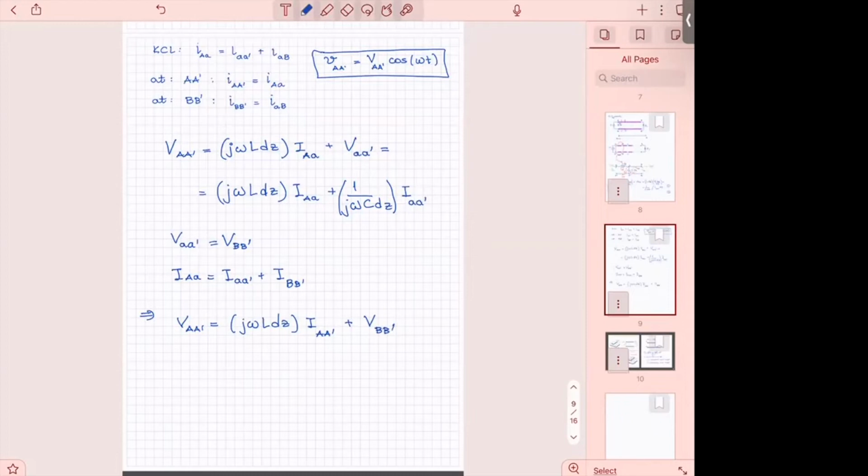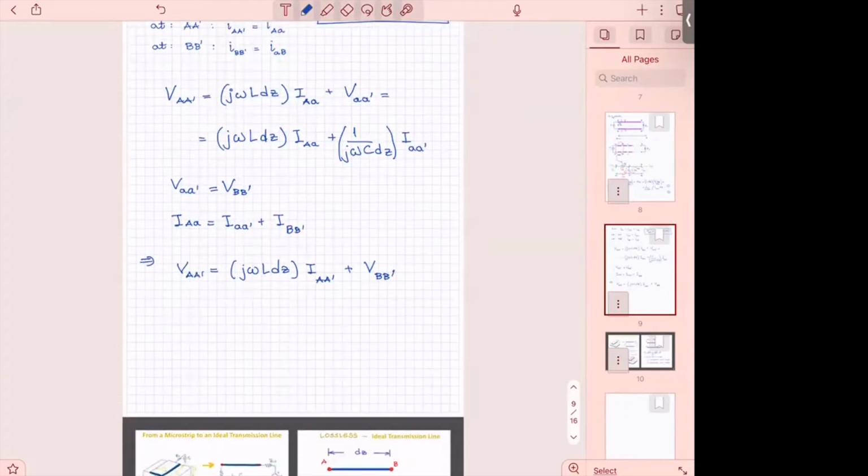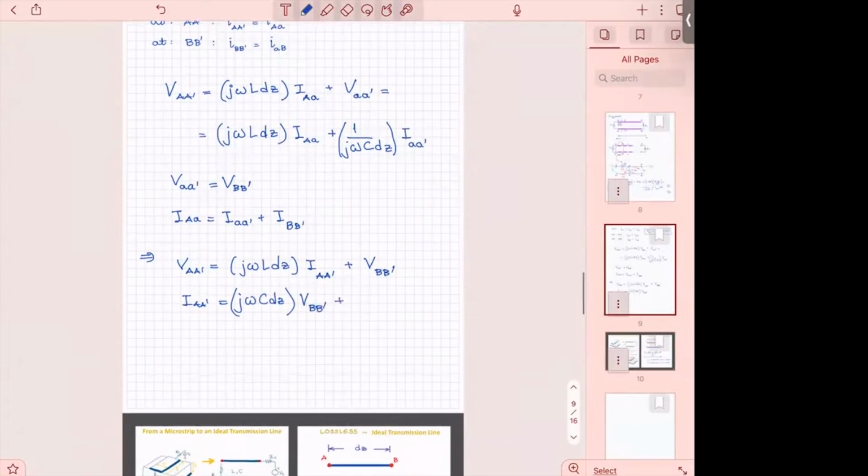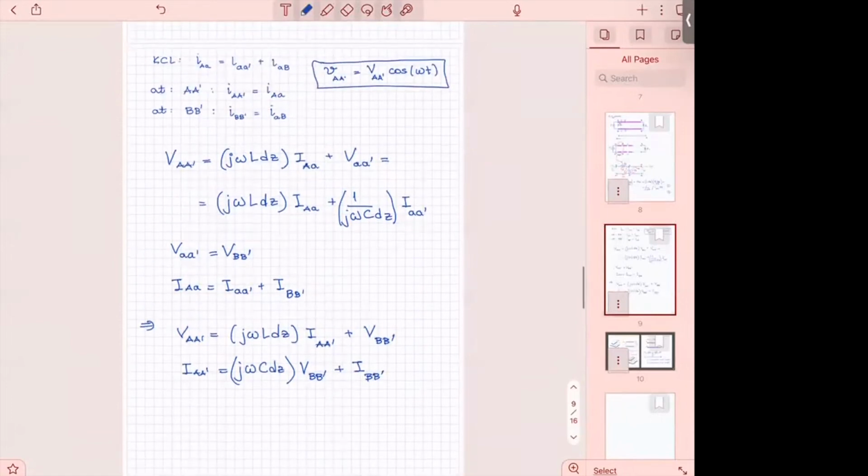And then I have the current I_AA prime to be equal to j omega C dz V_BB prime plus I_BB prime. That's what I got. All right.